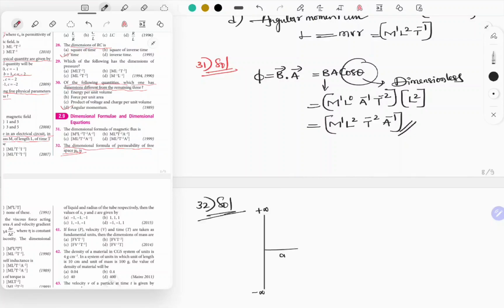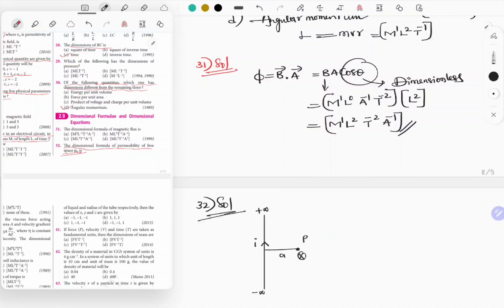At a distance A from the wire, if the current flowing through the conductor is I, the magnetic field at this point, at a perpendicular distance A, is going to be into the board on the right side with respect to the current direction.